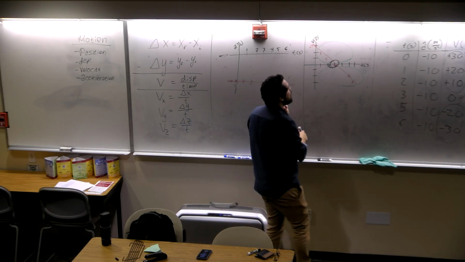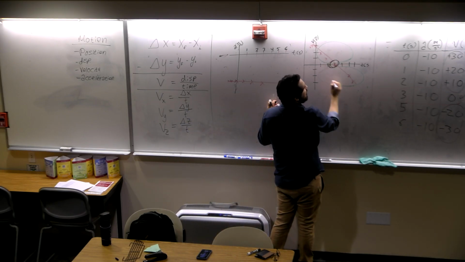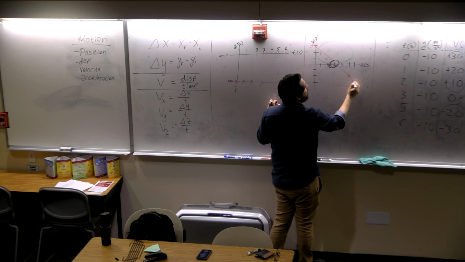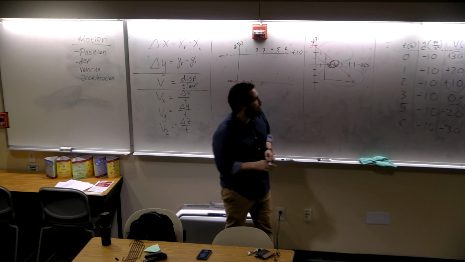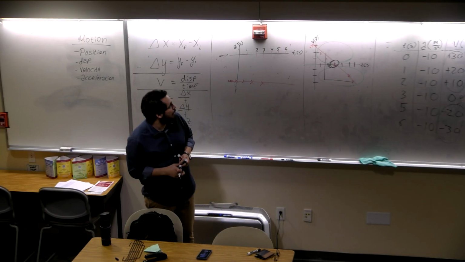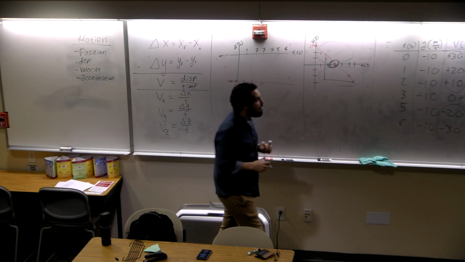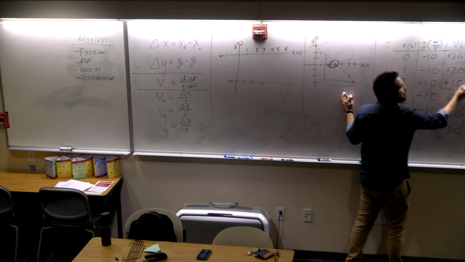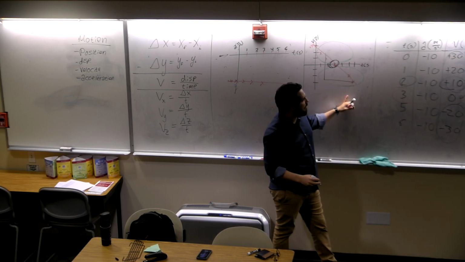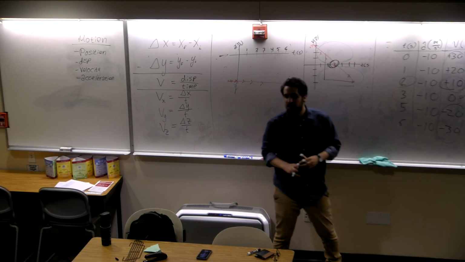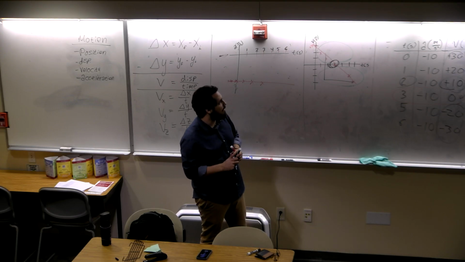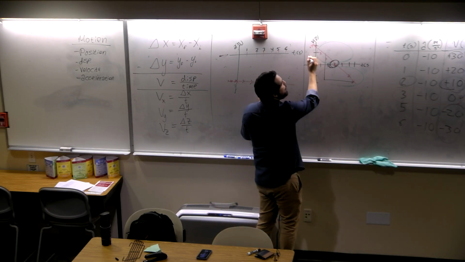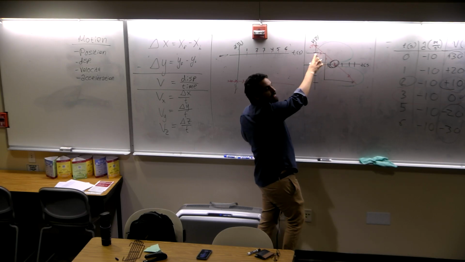We say rise over run. We use whatever 2 points we really want to here. It looks like I picked the third point, 2 seconds, 10 meters per second, and the last point, 6 seconds, negative 30. What is going to be the rise here?